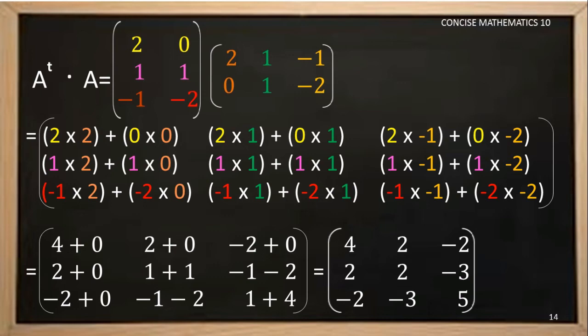First column is of one color, second column is of a different color and third column is of one more color. In the second line we are going to consider second row elements the same way. It is multiplied with first, second and third column respectively. And in the third row, consider the third row elements multiplied with elements of first column, second column and third column respectively. So note down the elements.